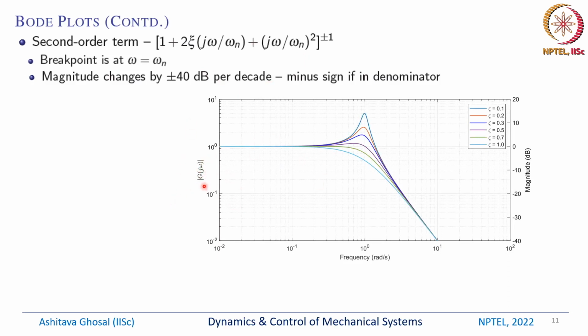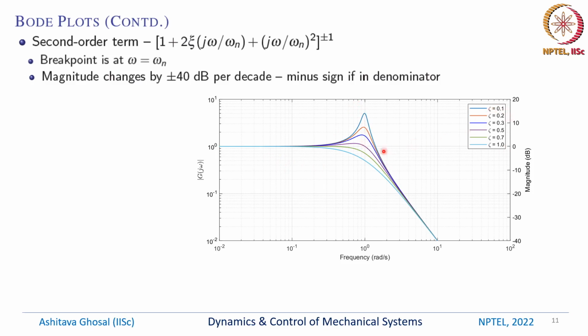MATLAB will give you both the magnitude as well as the magnitude in dB. These plots were all obtained using MATLAB. For different damping psi, we get different plots. If psi is more than 0.7, there is no amplification.